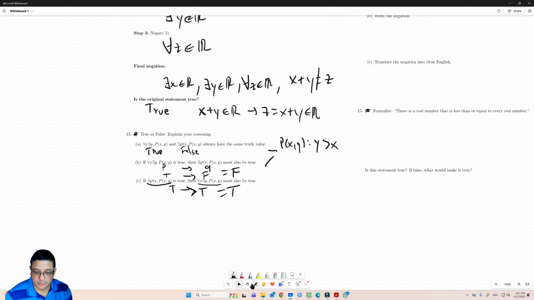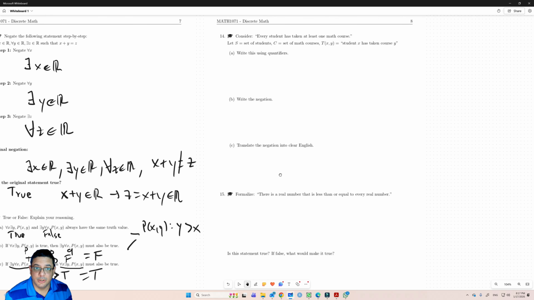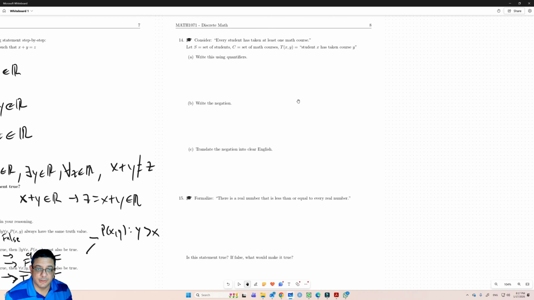All right, so now let's move on to question 14. Consider: every student has taken at least one math course. We have a predicate, so T of x y will be: student x has taken course y. So we want to write this using quantifiers.